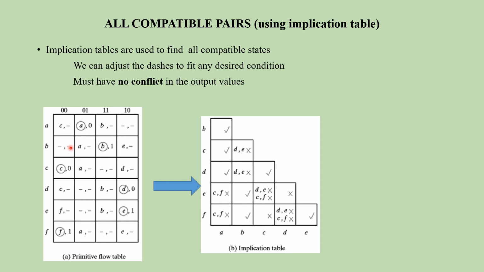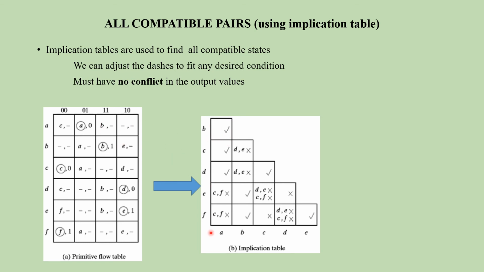So what can we assume? We can assume both may be the same, right? So here A followed by a dash. B followed by, there is a don't care here. So it can be considered same output 1. E with the dash. So next state can also be considered. So in that case, both are compatible. So I'm putting a tick mark, right?